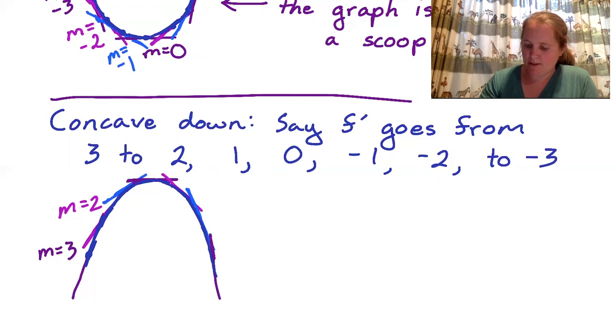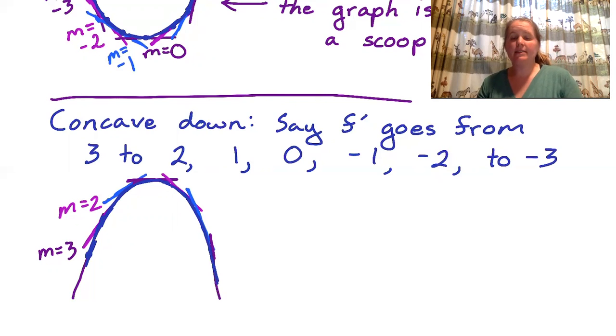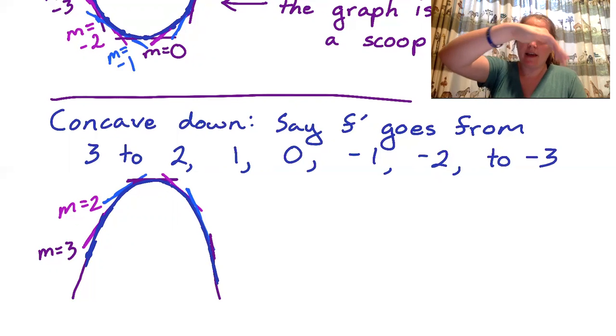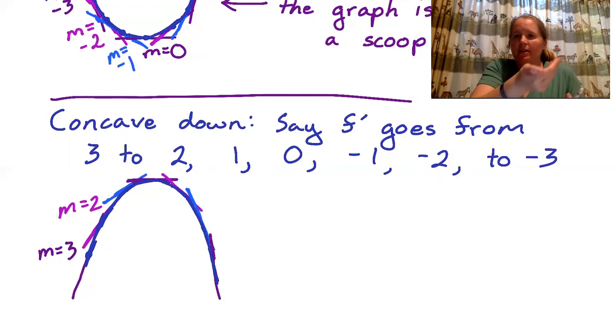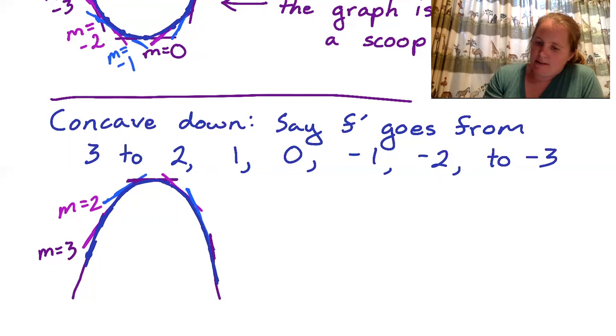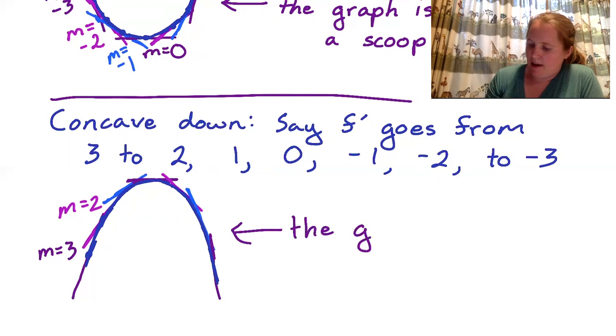So this is not precise by any means, but you get the idea. In this case, anywhere along this path is like a cap. We're capping over something instead of scooping under. So in this case, again, the graph is like a cap.